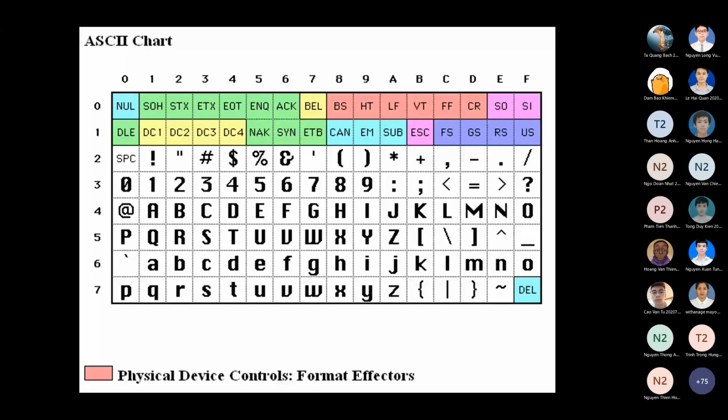So when you type the character big C, the keyboard will generate this series of bits and send it to the CPU, and then the CPU will understand this kind of number and display on screen the character, big C. Okay, so this is the way to represent characters in the computer.